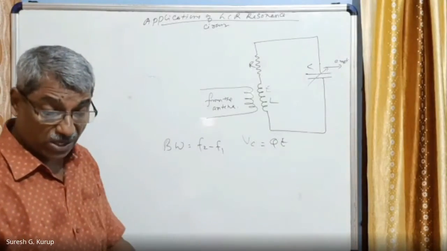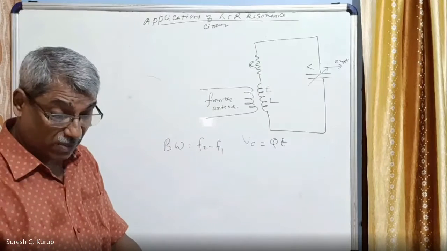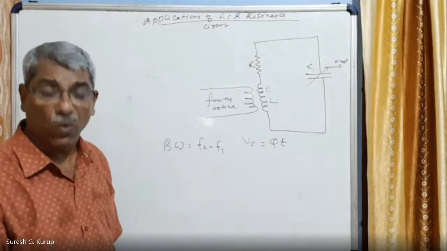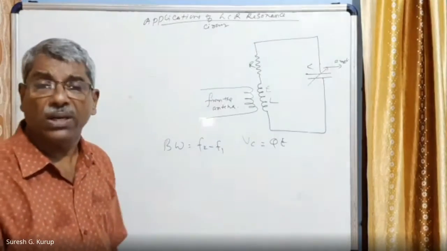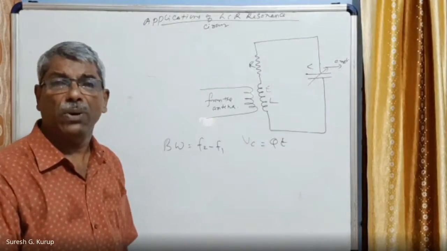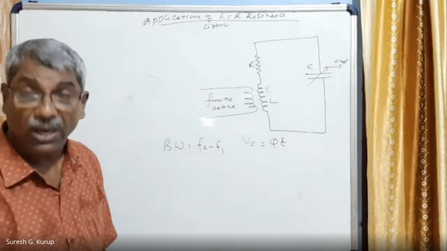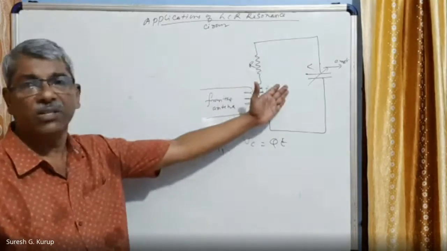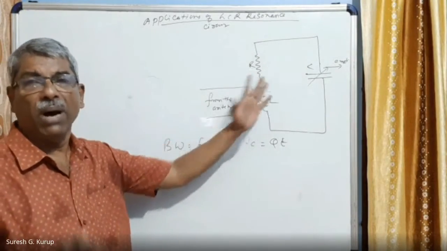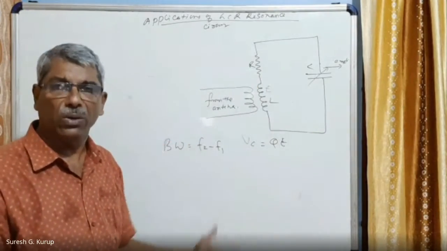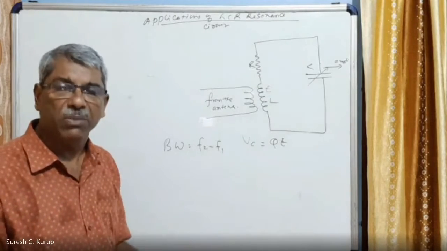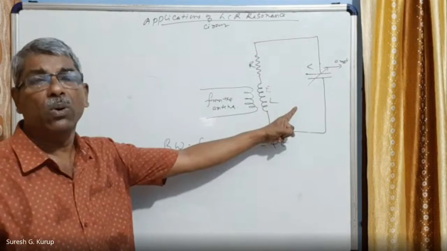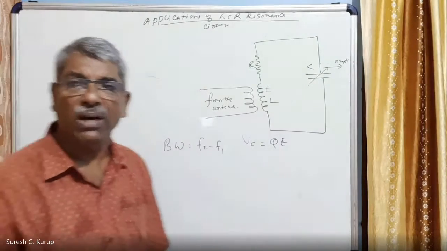The bandwidth of a series resonant circuit is the range of frequencies over which the circuit current is 70.7% of the current at resonance. At resonance, what will be the current in the LCR series circuit? It is the maximum current. And bandwidth is that range of frequencies, between F1 and F2, for which the current will be about 70.7% of the resonant current.